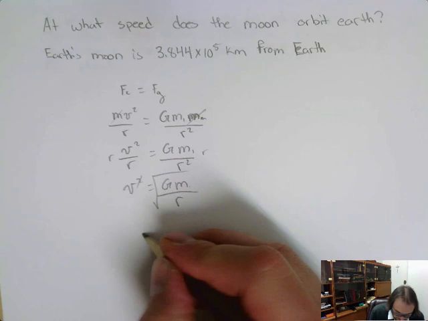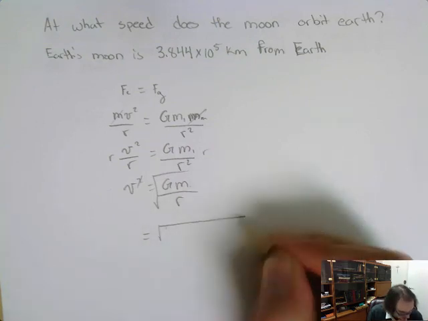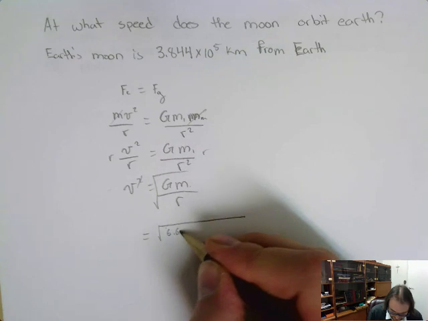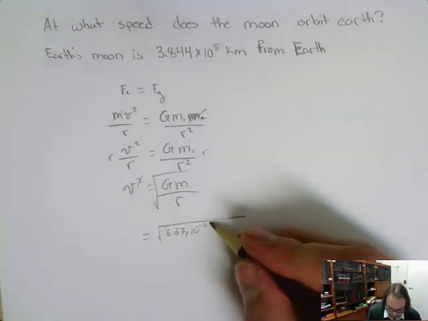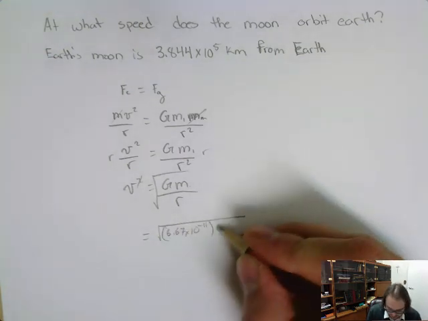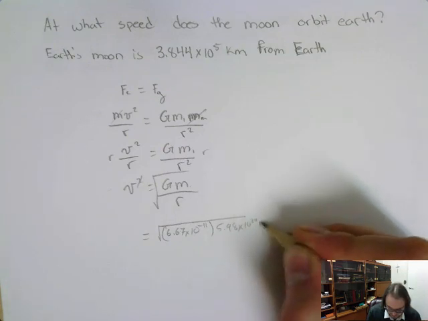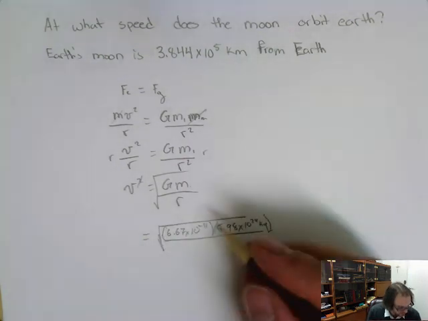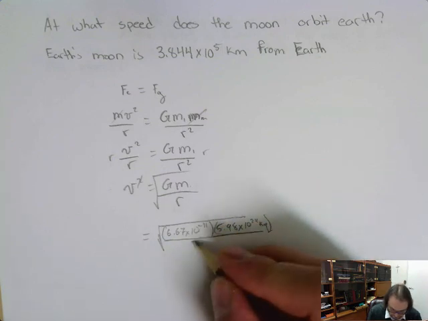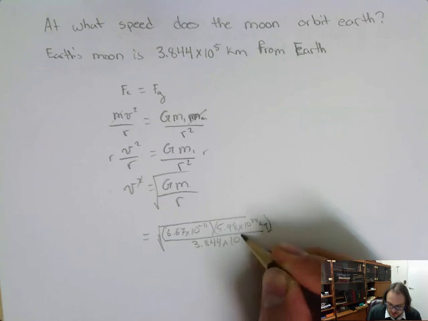We end up with the square root of 6.67 times 10 to the negative 11, all multiplied by 5.98 times 10 to the 24, and then we're going to divide this by 3.84 times 10 to the 8 meters.